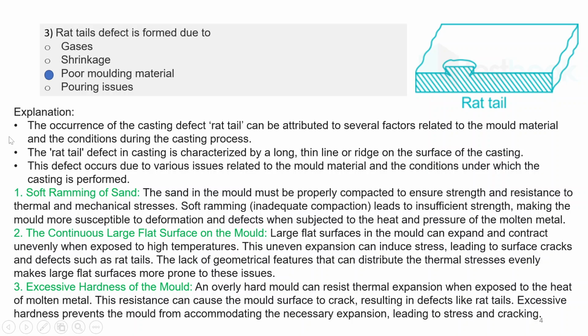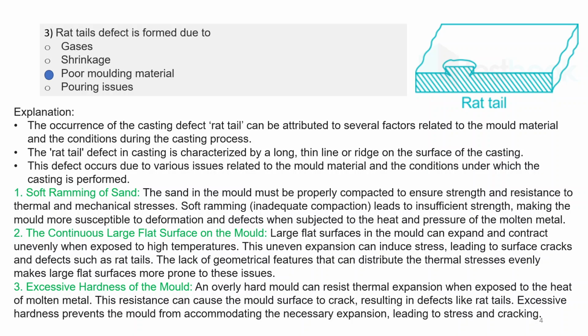The occurrence of the casting defect red tail can be attributed to several factors related to the mold material and the conditions during the casting process. The red tail defect in casting is characterized by a long thin line or ridge on the surface of the casting, and this defect occurs due to various issues related to the mold material and the conditions under which the casting is performed.